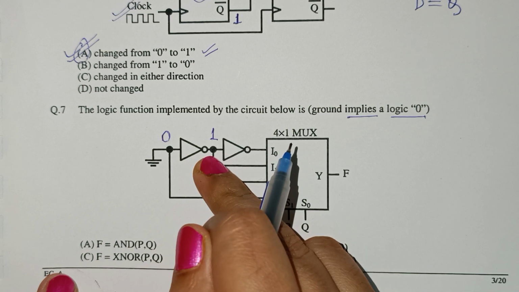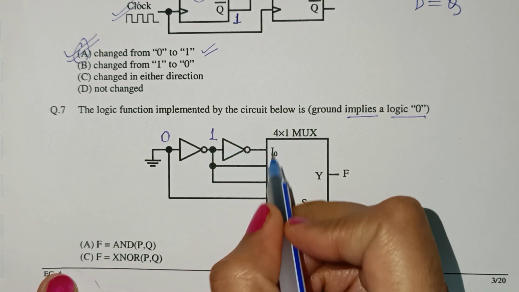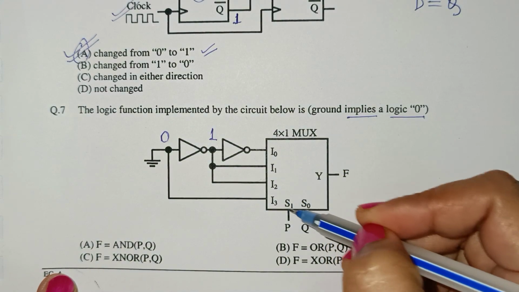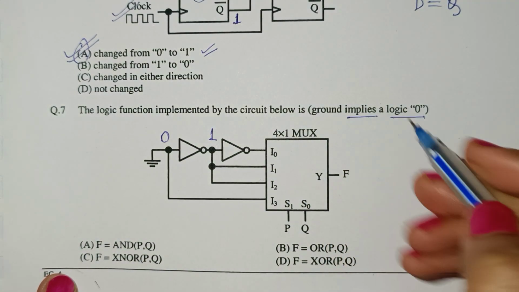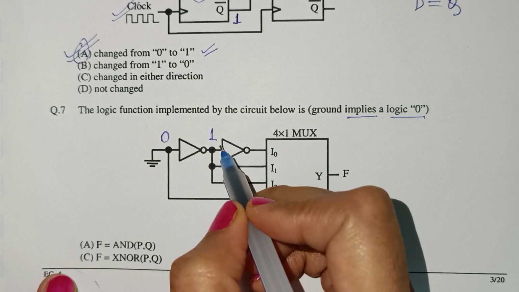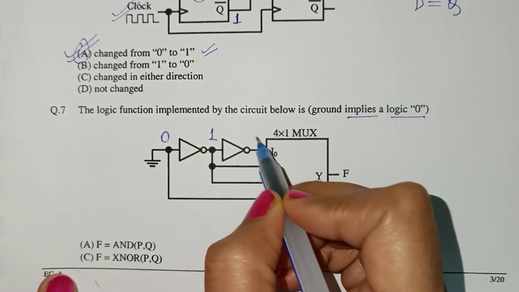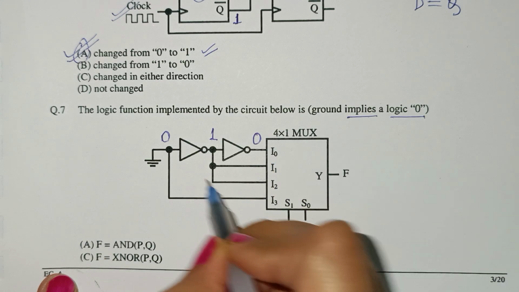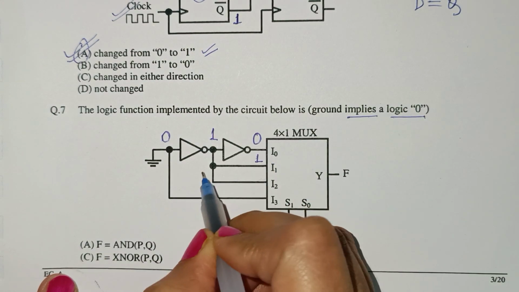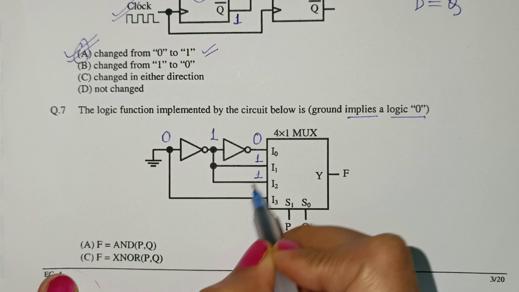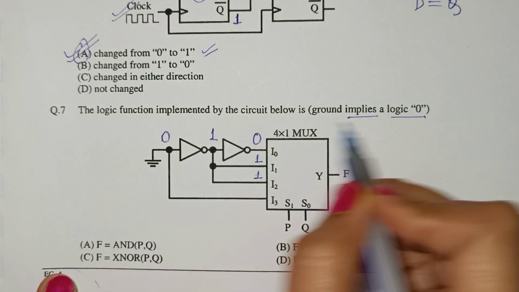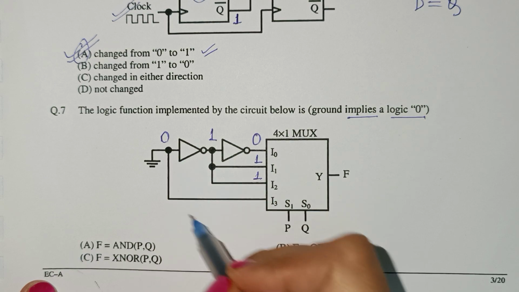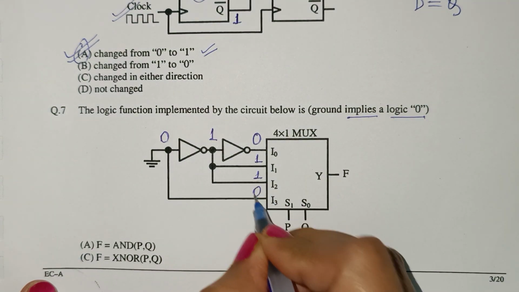In a 4 cross 1 multiplexer there are 4 inputs, 2 selection lines, and 1 output. The complement of this NOT gate will be given as an output, so it will be 0. So I0 is connected to 0, I1 will be connected to 1, I2 will be connected to 1, and ground implies 0, so this 0 is given at I3.